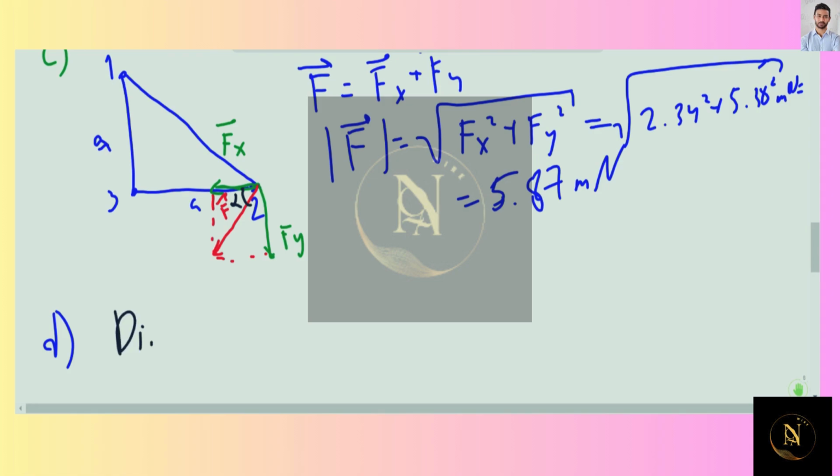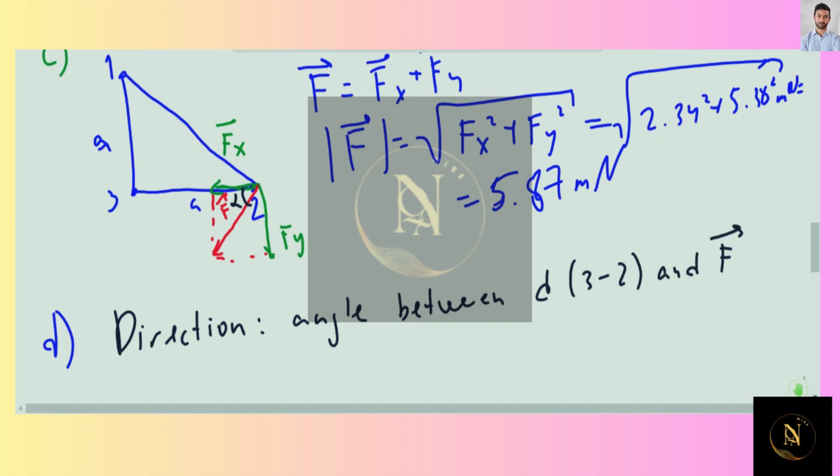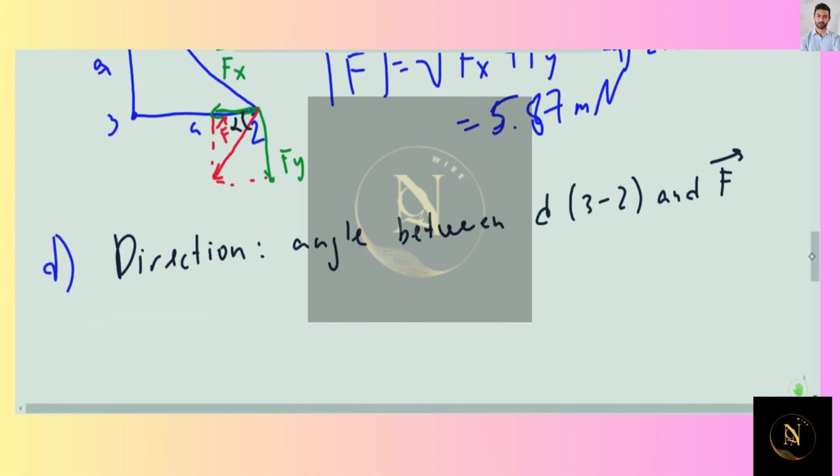So how would we find this angle? This angle alpha equals the arctangent of Fy over Fx, because the tangent of this angle equals Fy over Fx.